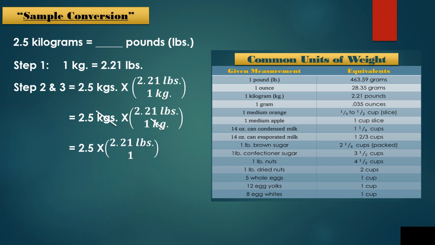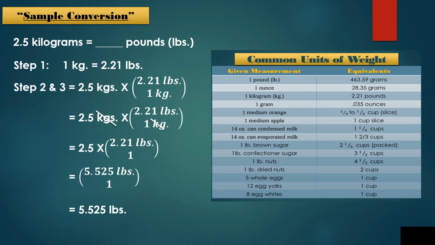Then, next tayo. 2.5 times 2.21 pounds is equivalent to 2.5 times 2.21 over 1, so equals to 2.525 pounds over 1. So i-divide natin ito ngayon sa 1.